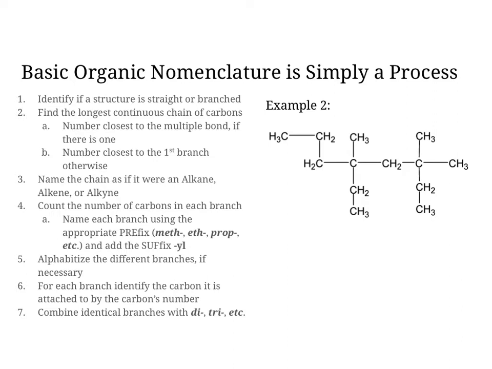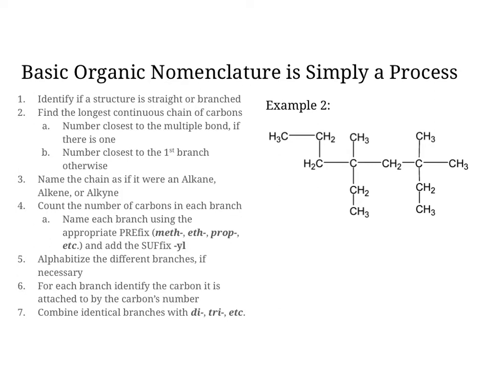So I'm going to highlight and go 1, 2, 3, 4, 5, 6, so that would be 6 carbons long, or 1, 2, 3, 4, that would be 4 carbons long. 1, 2, 3, 4, 5 would be 5 carbons long.